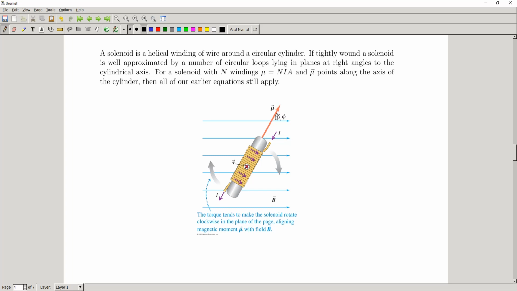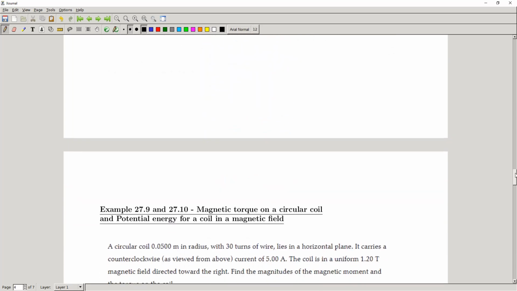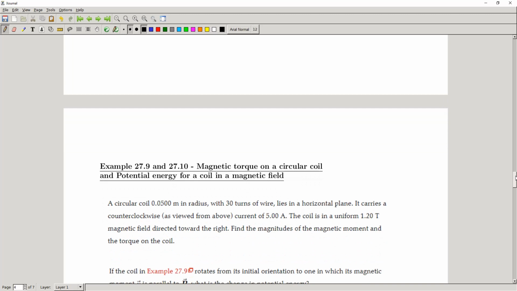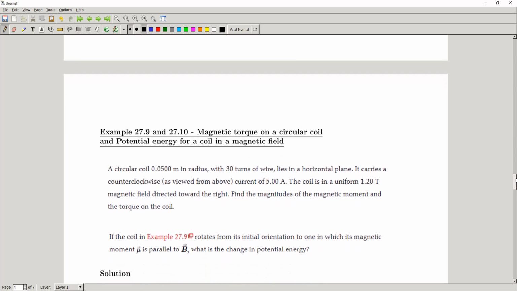This is the same as it would be for any one of these loops, but now you have a whole bunch of them, right? You have n of them, and so your mu becomes N I A. And for this reason, that we're basically just multiplying by n, all the equations still work. We can use all the equations, but our mu is now, instead of I A, it's N I A.